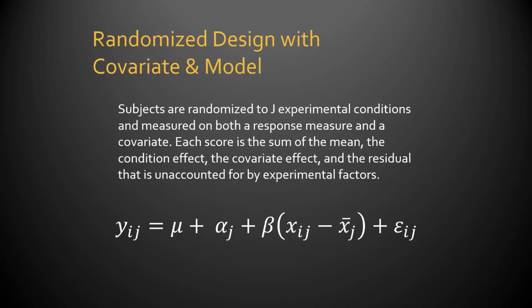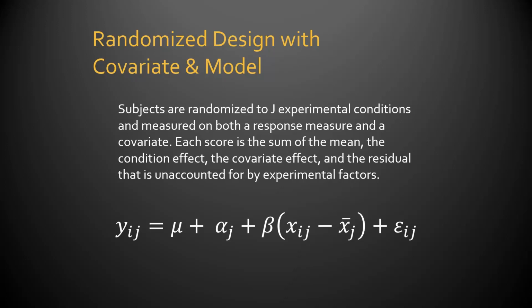The x sub ij is the covariate for person i in condition j, and we're just going to multiply the slope by that person's deviation from their covariate mean within that condition. So everything you see here in parentheses is really not a big mystery. You don't need to worry too much about it.